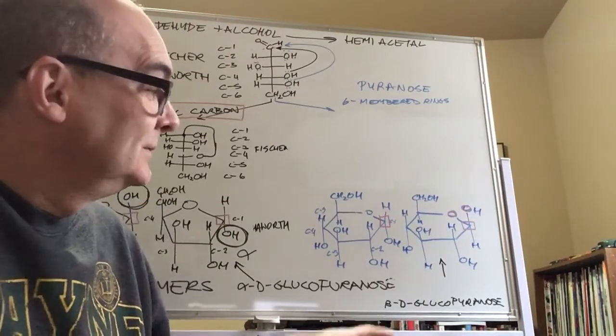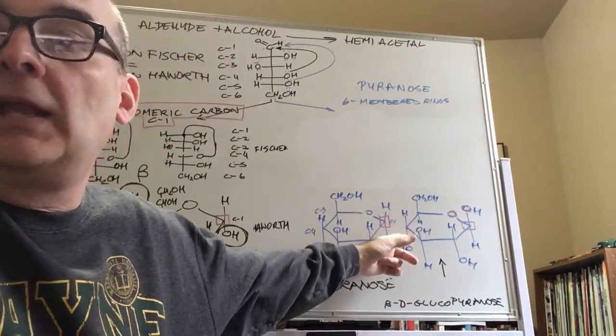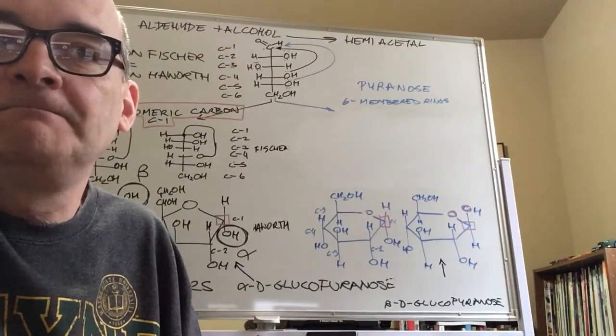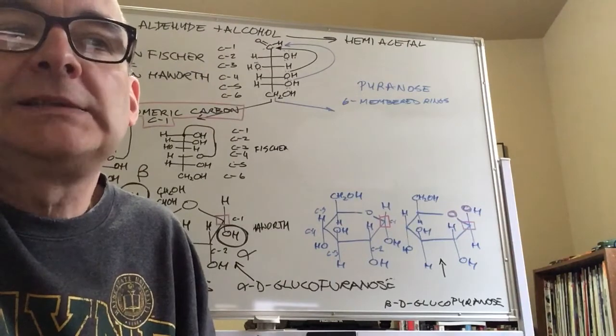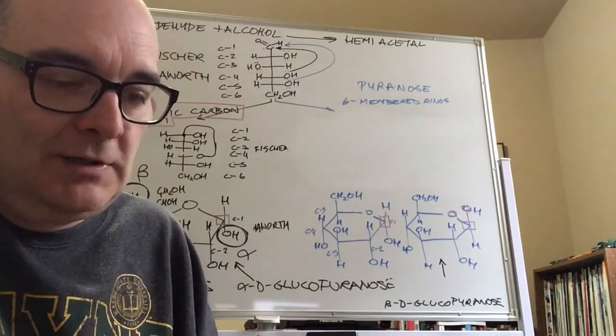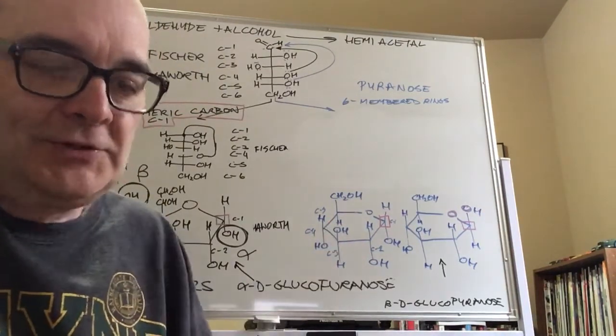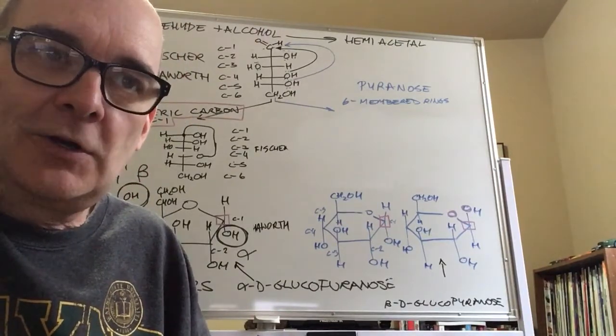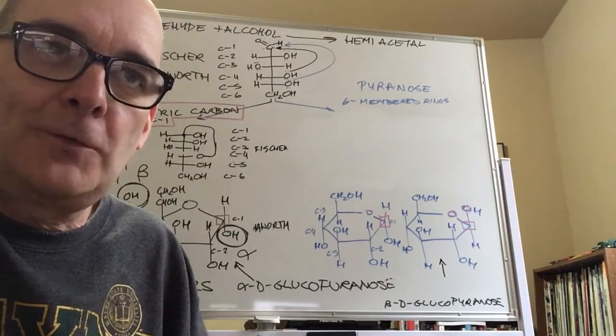However, the internal angle in a hexagon is 120 degrees. But we know that sp3 carbons are going to demand an internal angle of 109.4.